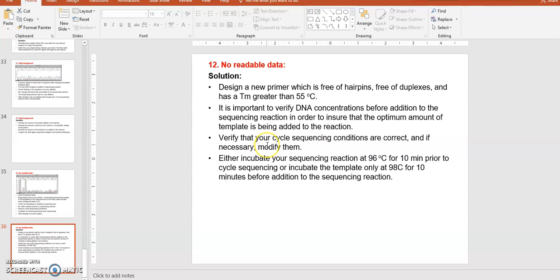Verify that your cycle sequencing conditions are good: the primer binding condition, the amplification condition, the denaturation condition, all those things. And then incubate your sequencing reaction at 96 degrees for 10 minutes, a long denaturation. If the denaturation was not good enough, the primer is not binding. That's the suggestion. So these are all possible suggestions.